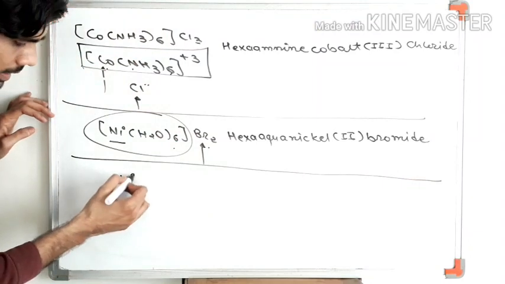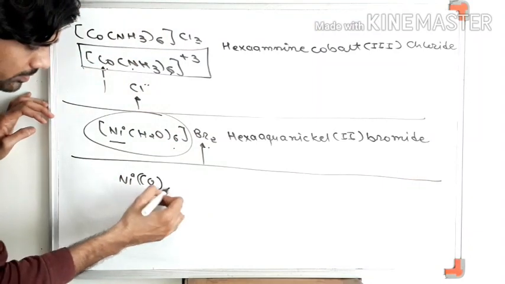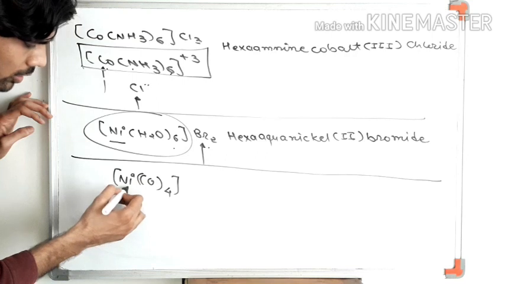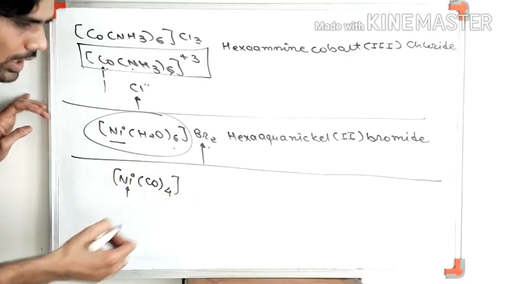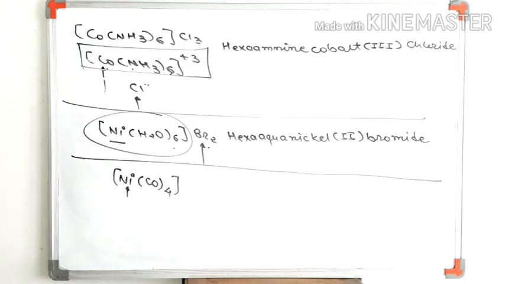Like [Ni(CO)4]. There is no charge. It is neutral. If the complex compound is neutral or positively charged, you have to write the main name of the metal ion. Like here cobalt, nickel. Here also nickel, simply nickel.